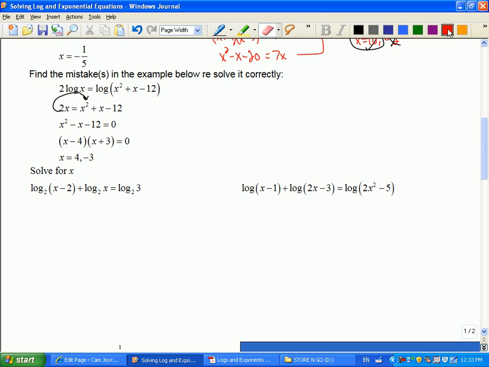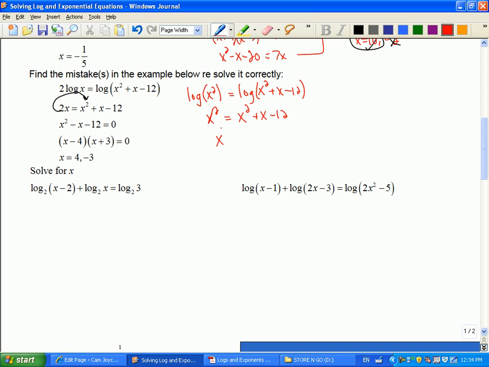So what we should have done to start is use the log law to move that exponent up and get log of x squared equals log x squared plus x minus 12. And the good news is, if that's what you did, this is a lot easier to solve. So let's see here.